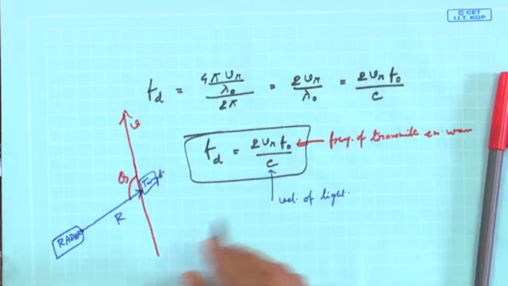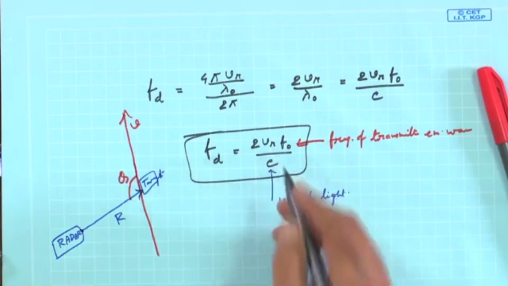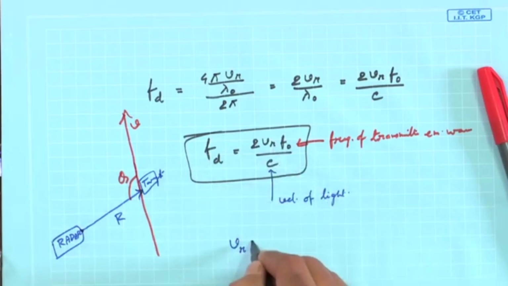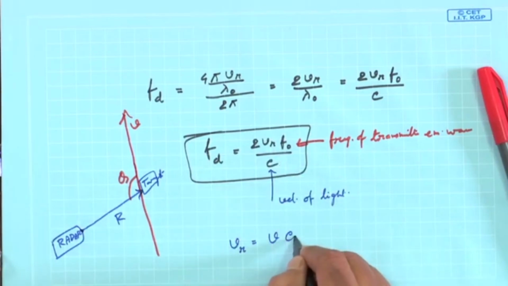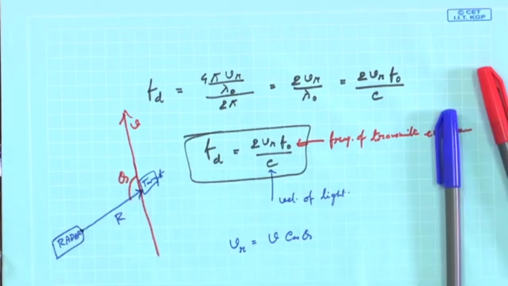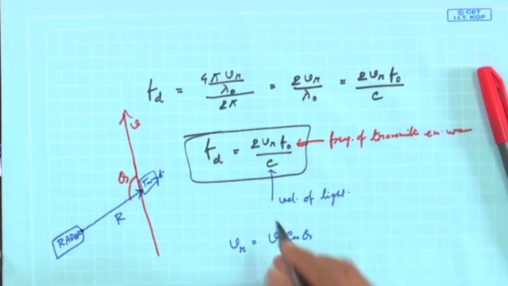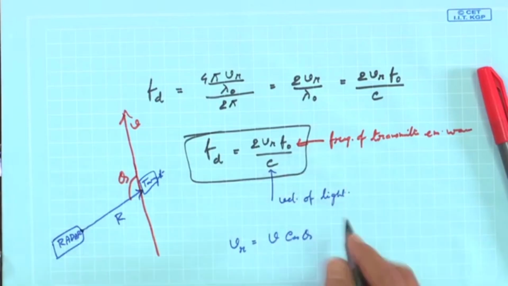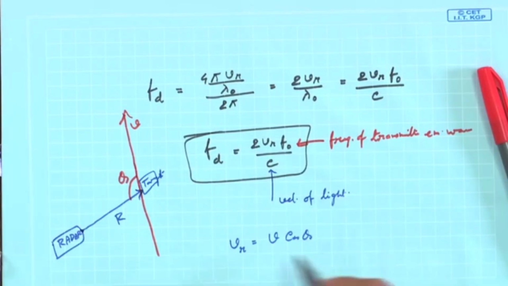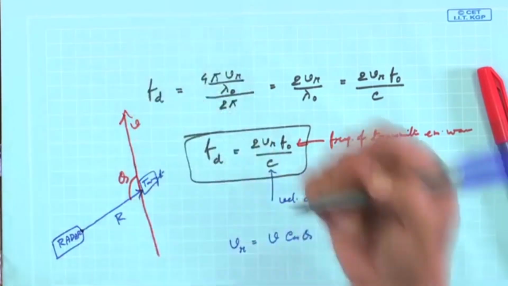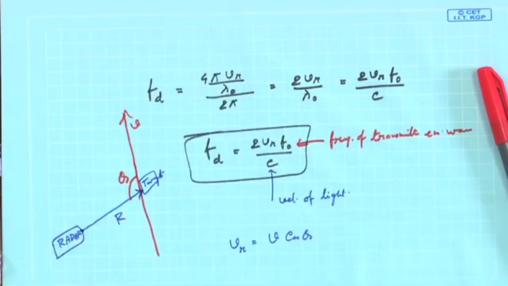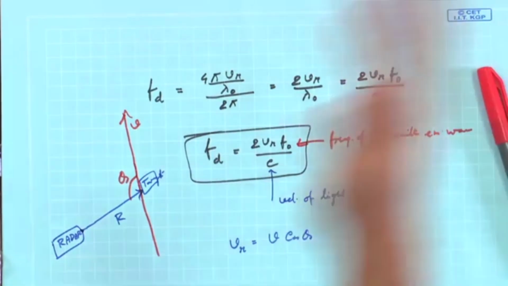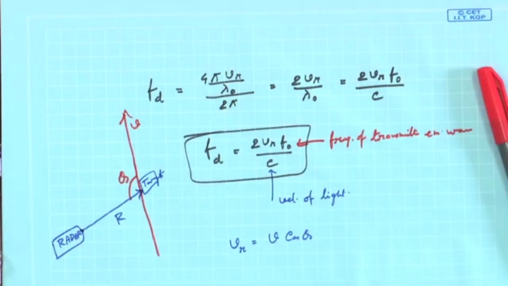Then what is this VR? This you know easily is V cos theta, where theta is this angle. So, this expression should be changed, or VR is there, but you remember that VR is the projection of the velocity vector in the radial direction of the target from the radar.